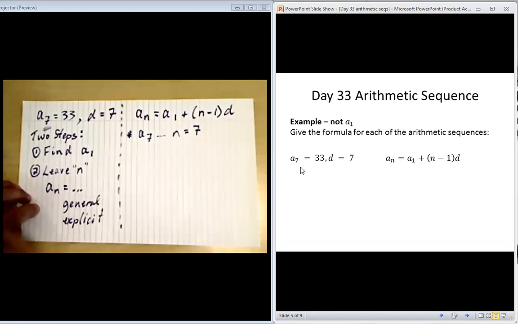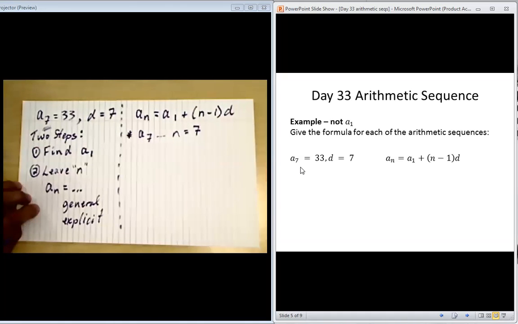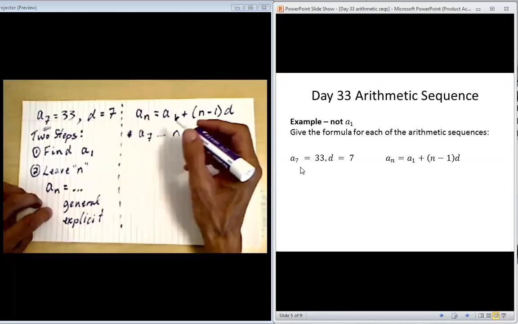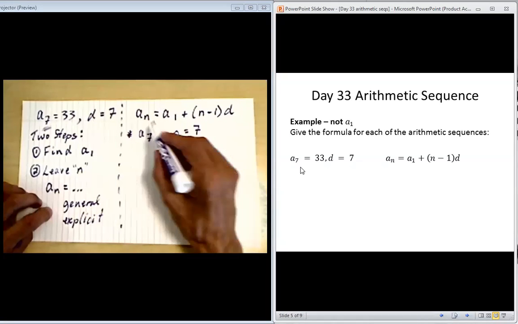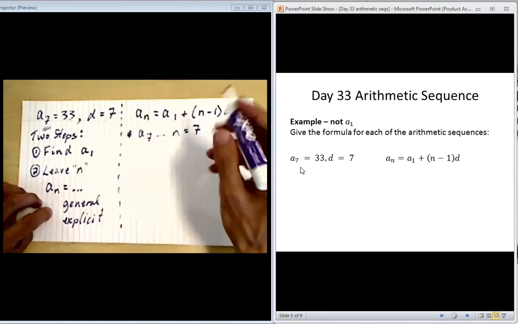Okay, so with these facts here, we can update our arithmetic formula and get through to the answer. So we're going to put N equals 7 in wherever possible, 7 in for D as well, and let's see what we get.